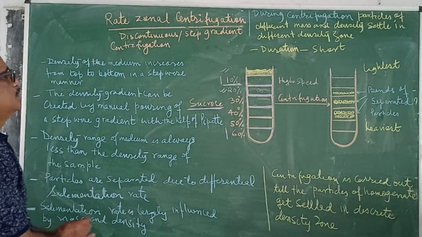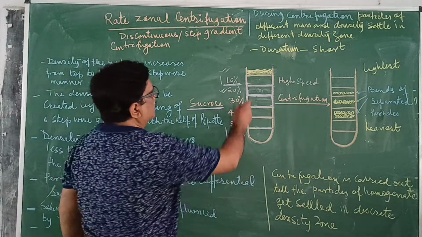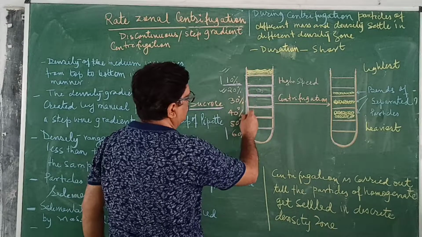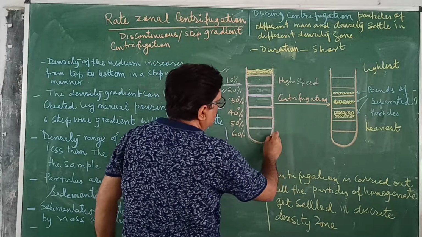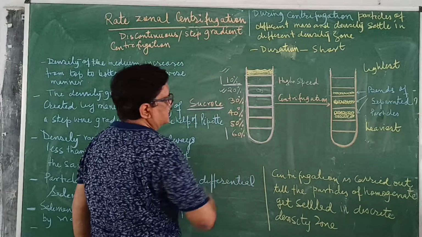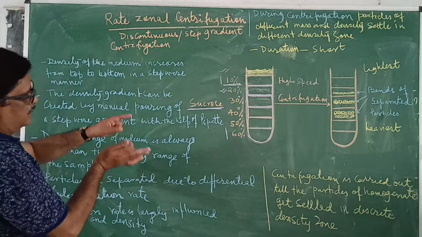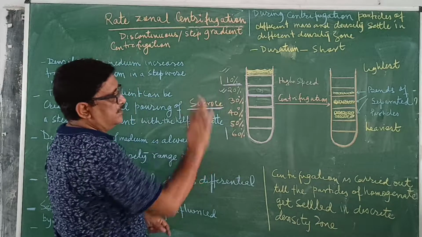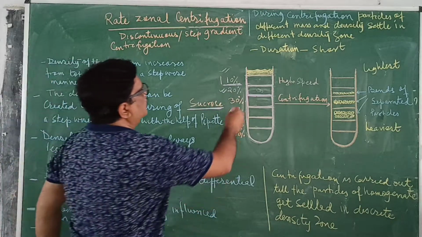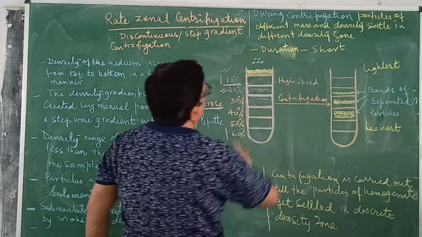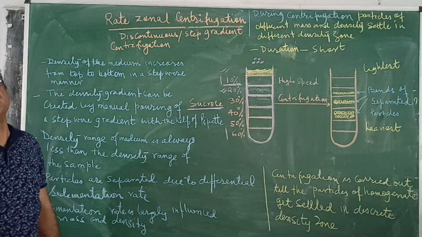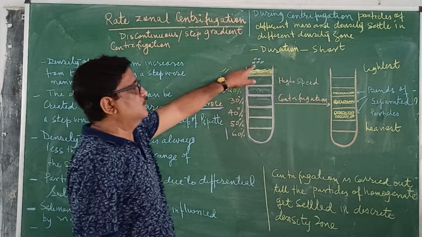Second, the range of density of the medium is selected in such a way that it should always be less than the range of density of the particles of the homogenate.